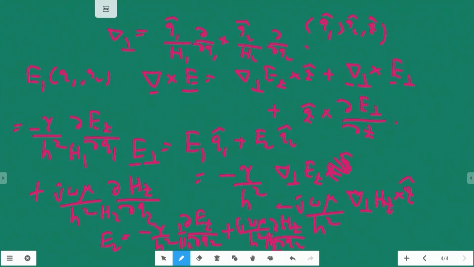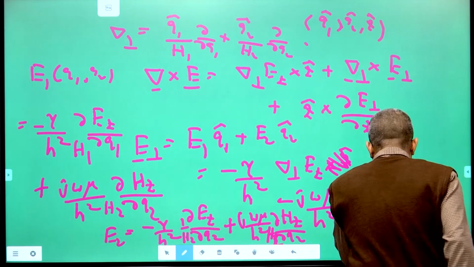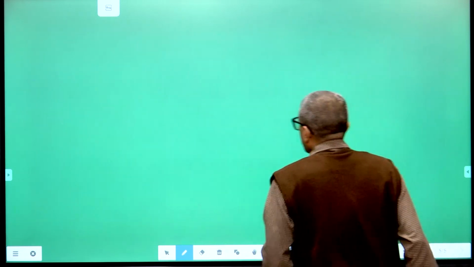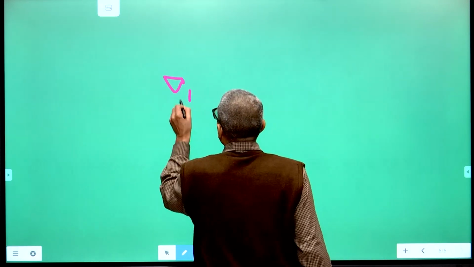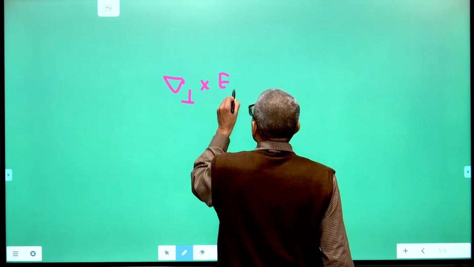So in principle you can find the transverse components of the electric field in terms of the longitudinal components by differentiating with respect to the curvilinear coordinates q1 and q2 and taking into account the Lamé coefficients at each of these points. Similarly for H2.